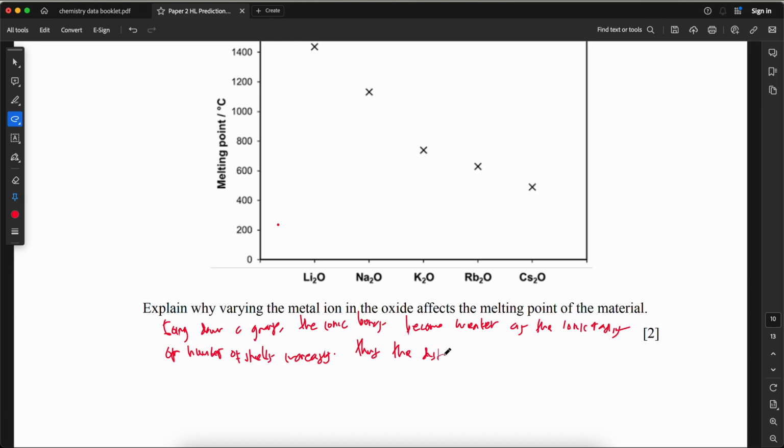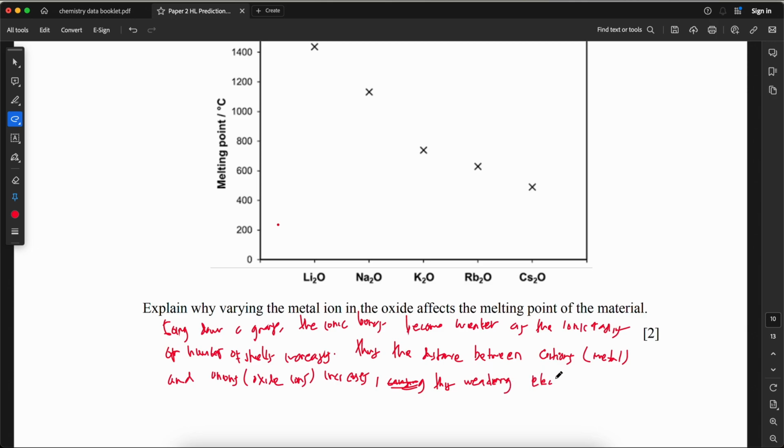Thus, the distance between cations or metal and anions, oxide ions, increases, causing this weakening, weakens electrostatic attraction.